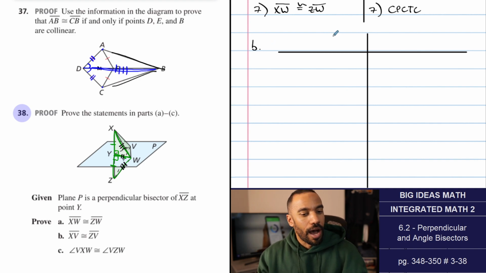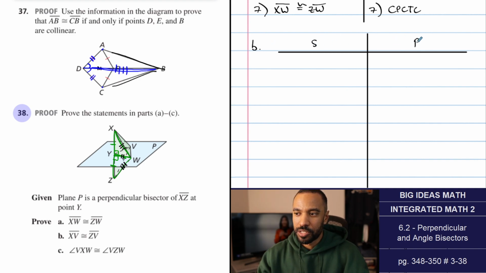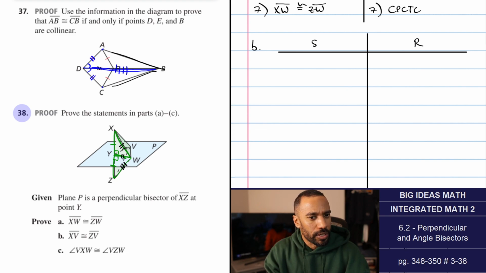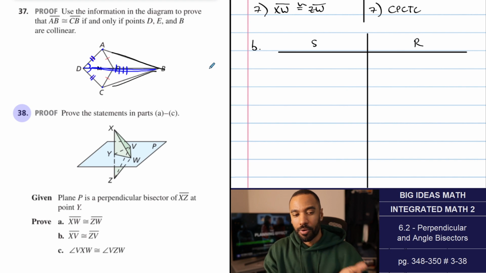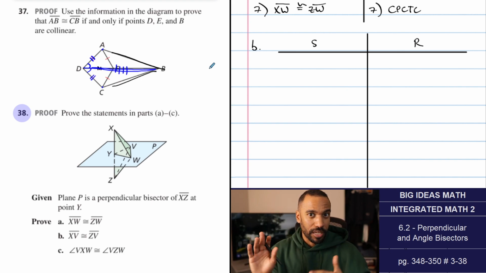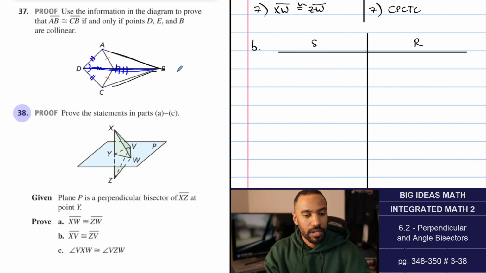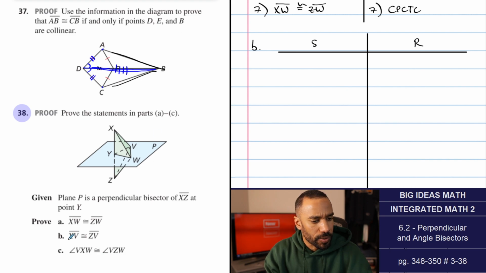Part B. Statements and reasons for this one. Let's go to what we're looking at next. Completely different part. And here's the blessing. I maybe get to copy and paste some things, and I will if I get the luxury of doing it. XV is congruent to ZV. Literally every part of the proof is the same in this, except I'm turning a W into a V. I'm dead serious.